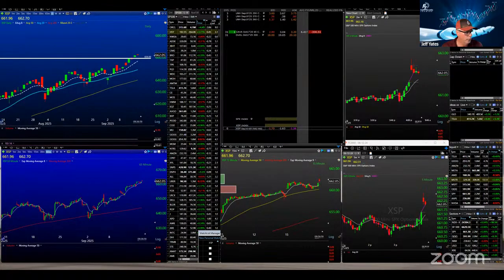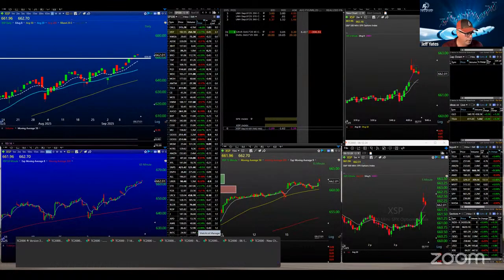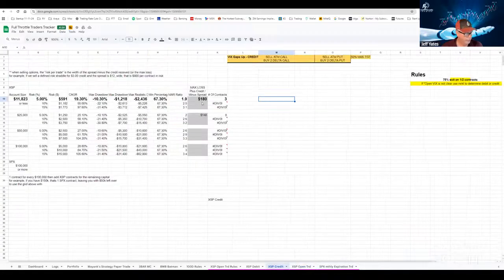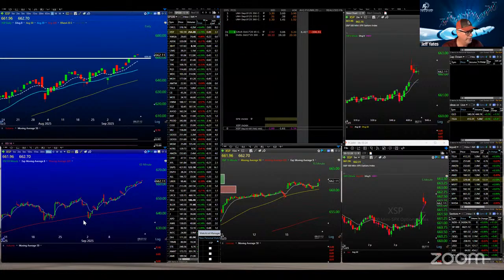Let's go back to 170. We want to see where our credit side is at 170. It's 3 contracts, give or take. I'm going to stick with 3. It could have gone down because it went up, but it didn't. Subject to change pretty quick.